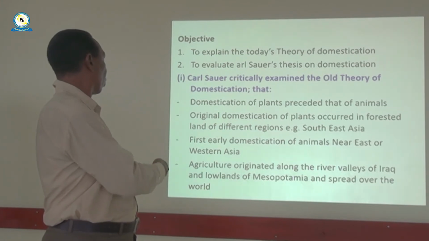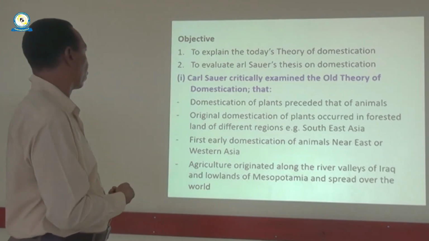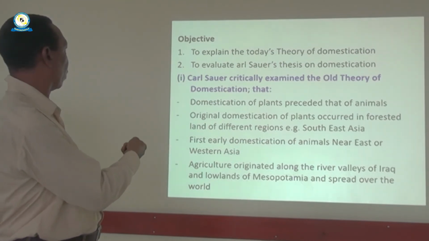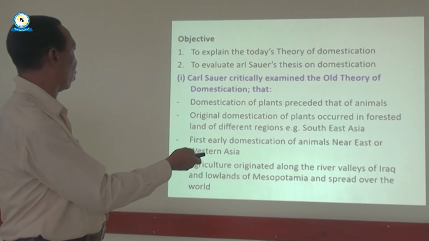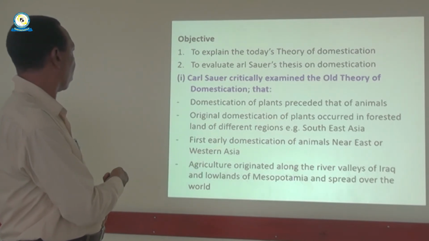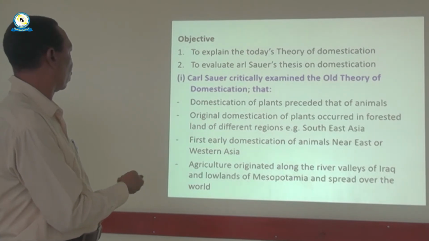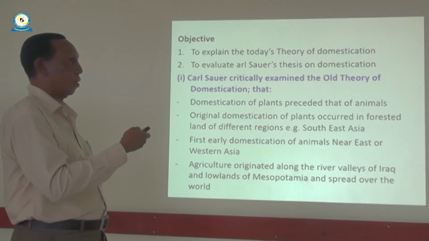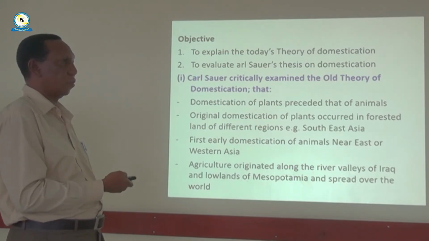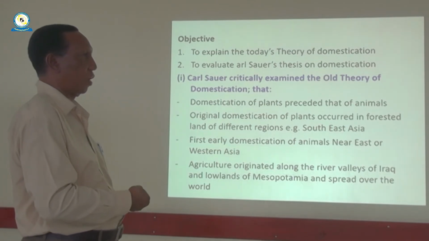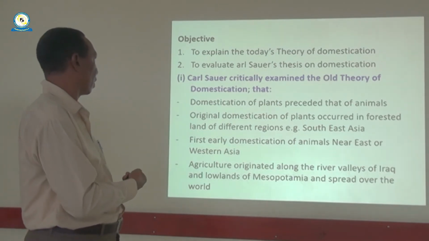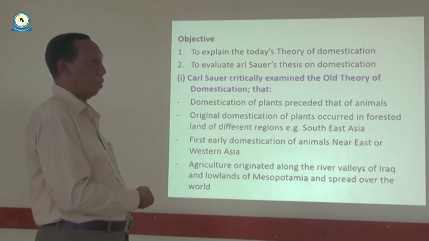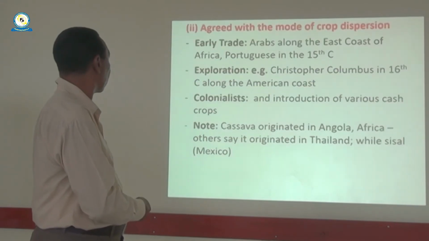The objective is to explain today's theory and to evaluate Sauer's thesis on domestication, that is, to examine the old theory. The different theorists who tried to advance the development of the domestication theory also tried to criticize one another. Now let's go and see.